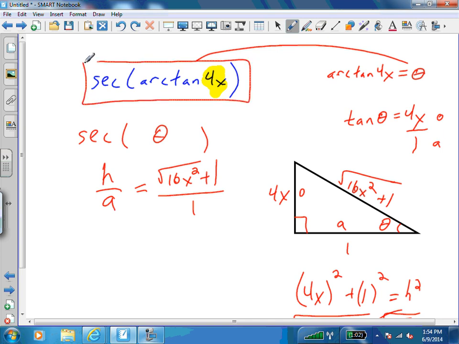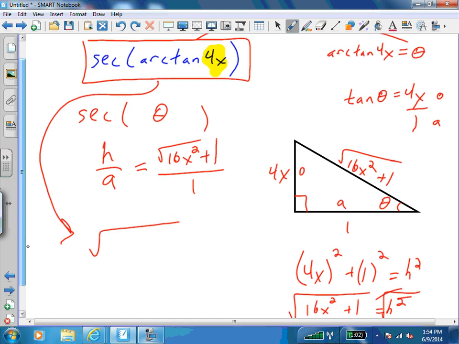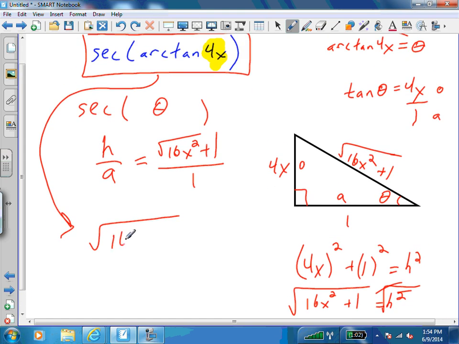So when we take that statement and dissect it in terms of theta, we get an expression in terms of x to be the square root of 16x squared plus 1.